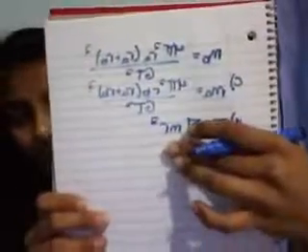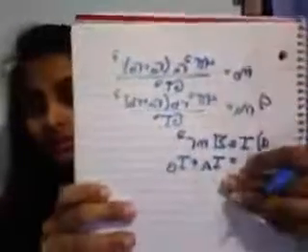So the moment of inertia is defined as the sum of all the masses times all the distances squared. All right? So here it's going to be equal to the moment of inertia of the star A plus the moment of inertia of star B. Okay?